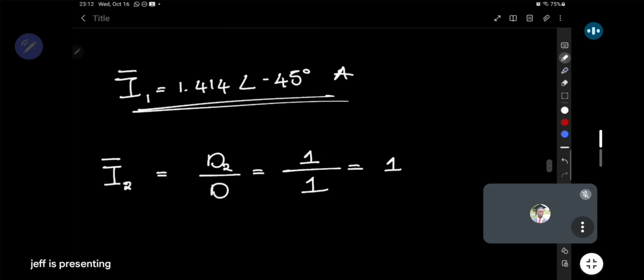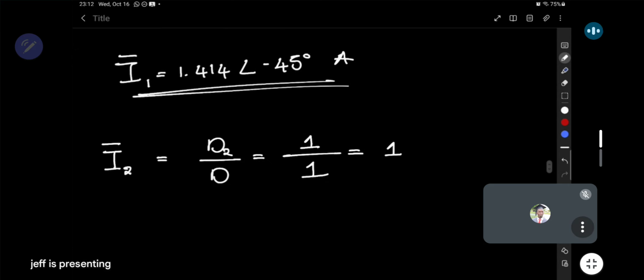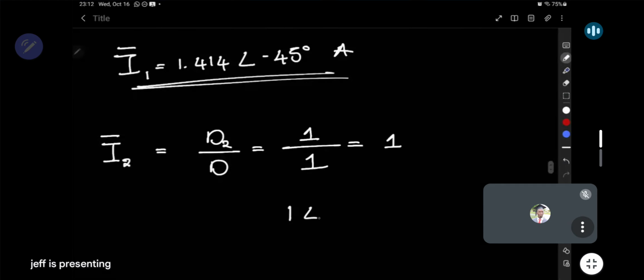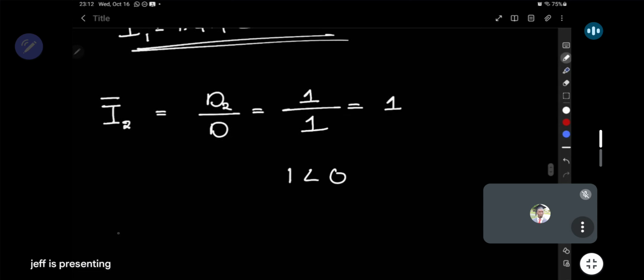Regardless of how we look at it, polar or rectangular, even in polar it would still be 1 phase 0. Meaning here we can look at this as just 1 as the peak value, phase angle 0 degrees. It is a current, so that will be the amps.